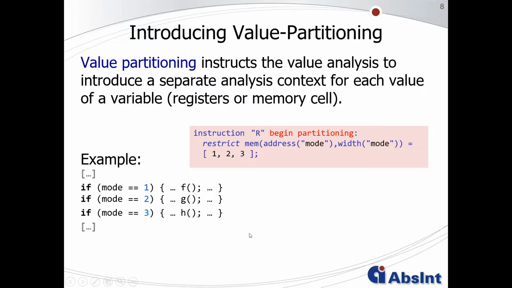The consequence will be that the analyzer will analyze this small program in 3 different contexts. The first context, where mode variable equals the value 1. The second context, where it equals 2. And in the third context, where the content of the mode variable equals 3.